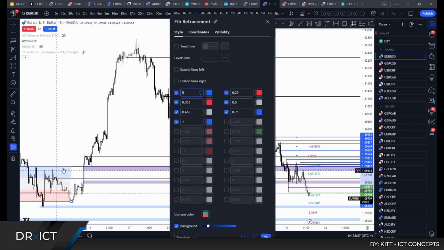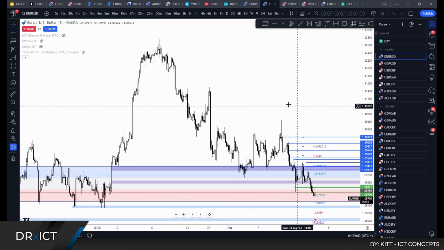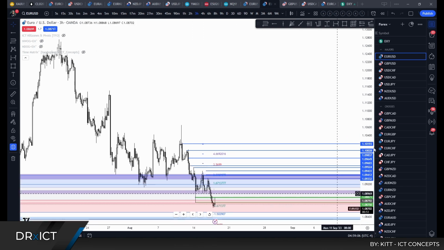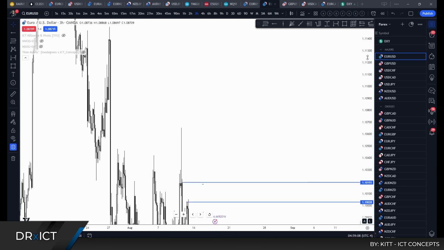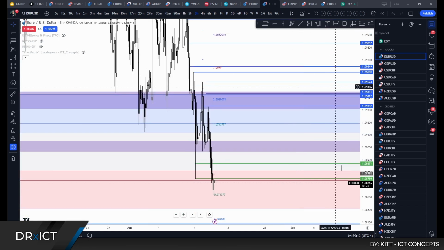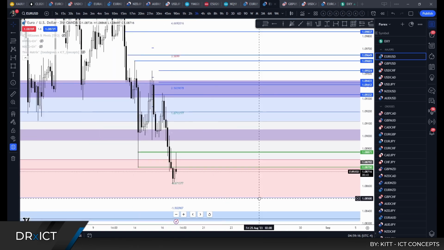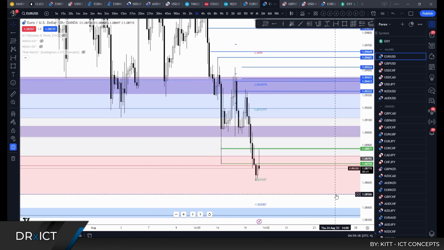Got this end dog here. Got these upside targets I'm interested in. Some Feigenbaum projections. That 3-hour.